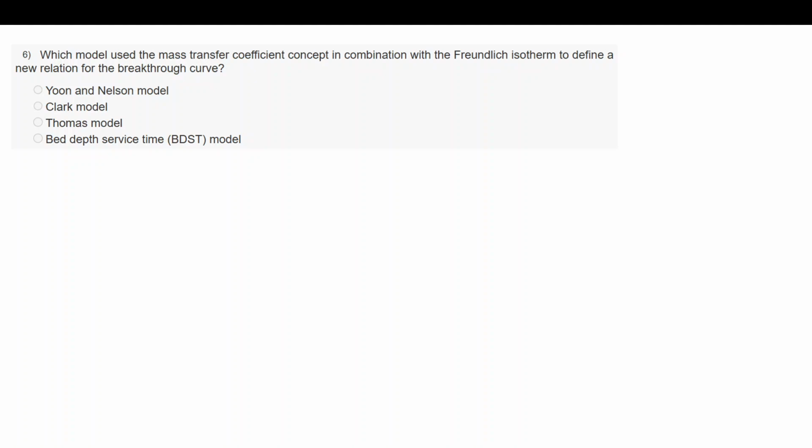As we have discussed, all these models have some basic assumptions made while deriving them. For example, the Thomas model was derived considering monolayer adsorption along with pseudo second order kinetics taking place, and later it was derived for continuous removal, right?